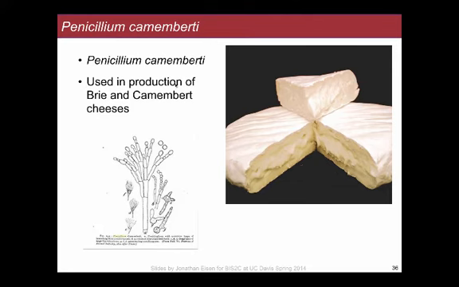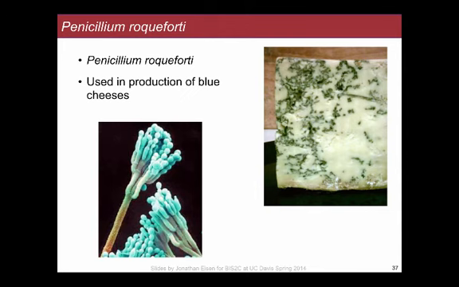So camembert and brie cheeses come from a particular couple of species of Penicillium that are either purposefully added or come from the environment during the production of the cheese, and then convert some of the milk into the output of particular desire to some people, which are these incredibly runny cheeses. Many of the blue cheeses come from another Penicillium species.